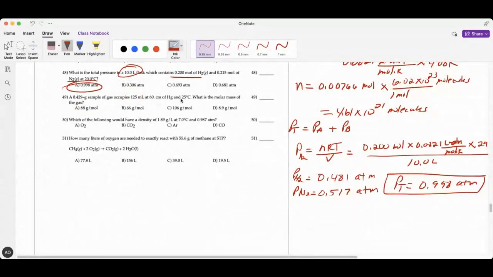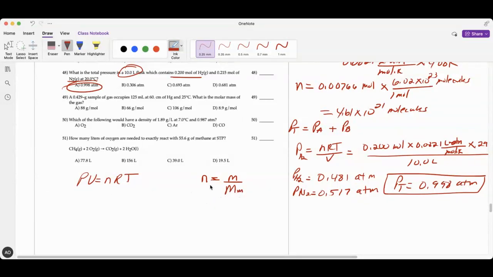Okay, so a 0.429 gram sample of gas occupies 125 milliliters at 60 centimeters of mercury and 25 degrees Celsius. What is the molar mass of the gas? We have pressure times volume equal to nRT, and n is equal to the mass in grams over the molar mass.